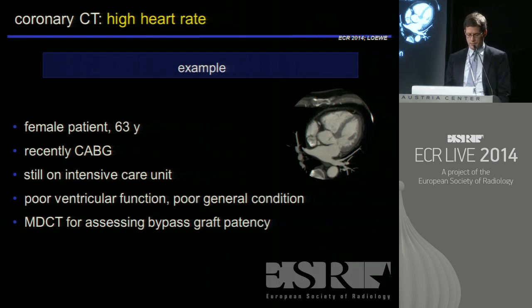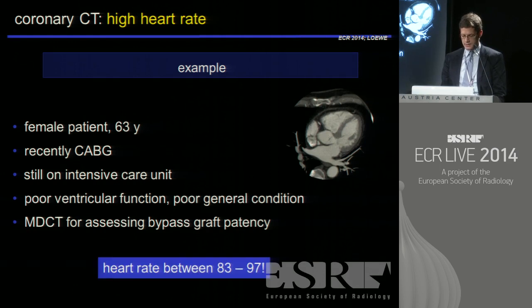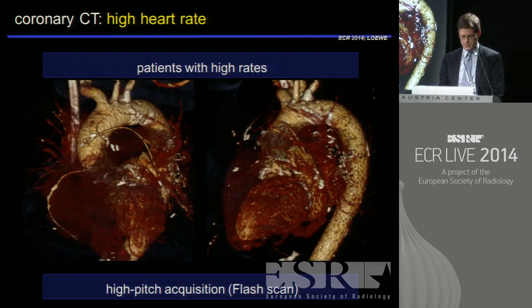As an example, a patient right after coronary artery bypass graft surgery, still on the intensive care unit, poor ventricular function, poor general condition, and the patient was referred to CT to assess the bypass graft patency. It's very easy to assess the bypass graft, since the bypass grafts are not that nearby to the myocardium, so pulsation artifacts are not that common for bypass grafts.